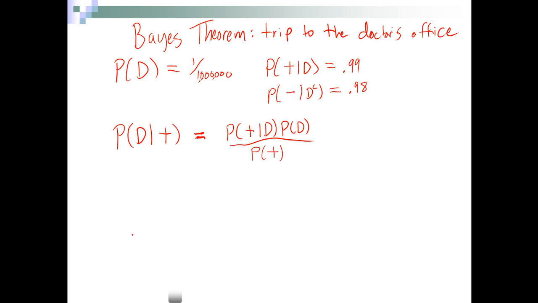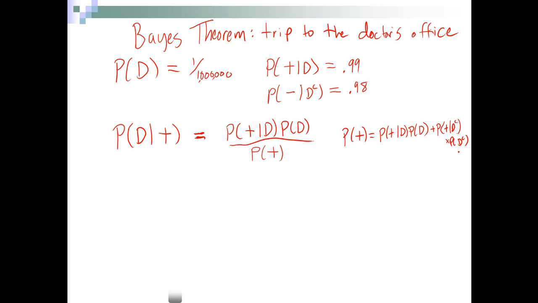So let's write this out. Probability of a positive test result is going to be equal to the probability of a positive test result given the disease times the probability of the disease, plus the probability of a positive test result given no disease times the probability of no disease.